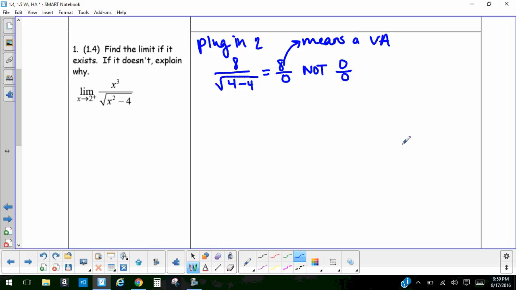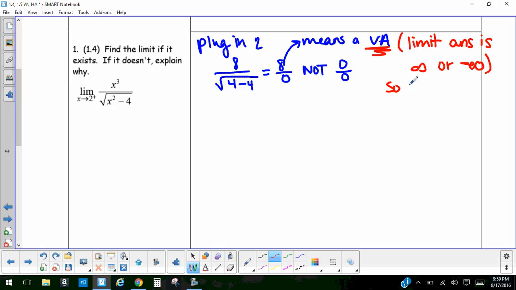Well, if I've decided that I know I have a vertical asymptote, then what that means is my limit answer is infinity or negative infinity. It has to be one of those two choices.